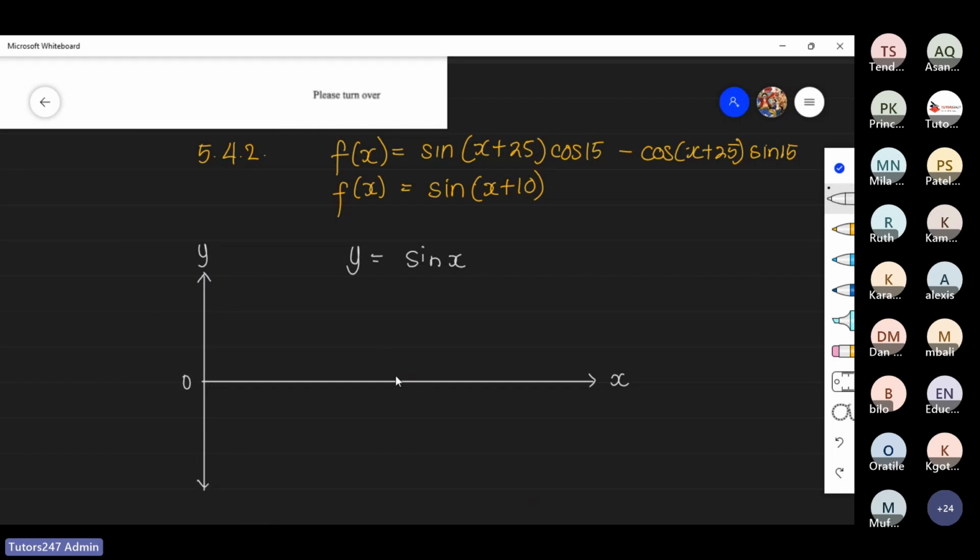Now, our basic sine function, let's put in some values. This is going to be 90, this is going to be 180, 270, and 360. We'll make this positive 1, we'll make this minus 1. Now, our sine function, at 0, it's going to be 0, goes up to 1, goes back down to 0, goes to negative 1, and goes to 0 again. So you can connect this. Okay, so this is our basic sine function.